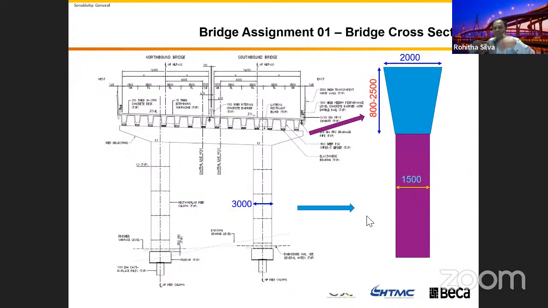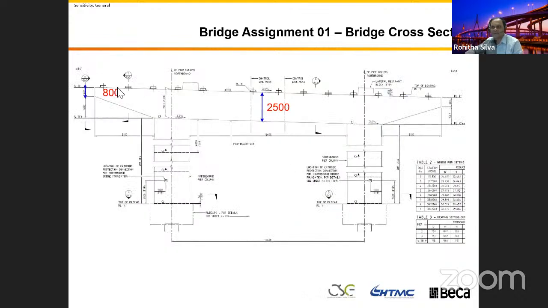Those member sizes you can change later in your final model when you decide everything. So on this one, the solution is at the end here. We get the minimum dimension to match with the cantilever one, because if you use the same depth, it does not look nice appearance-wise.